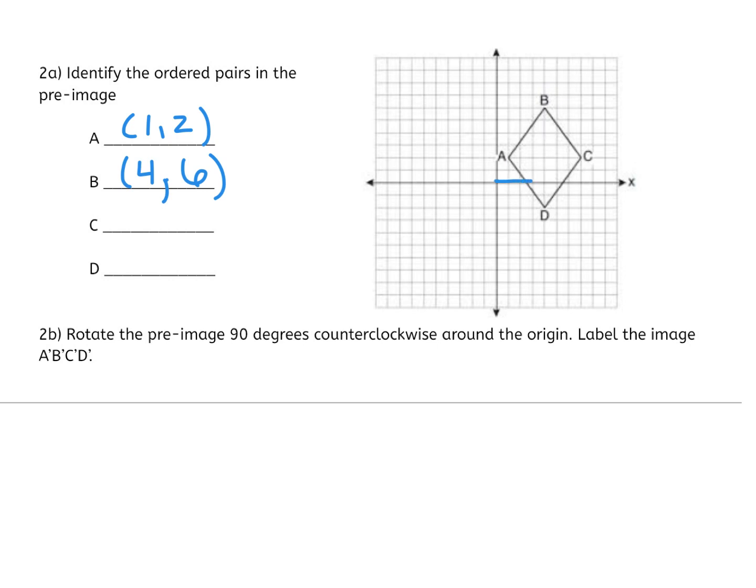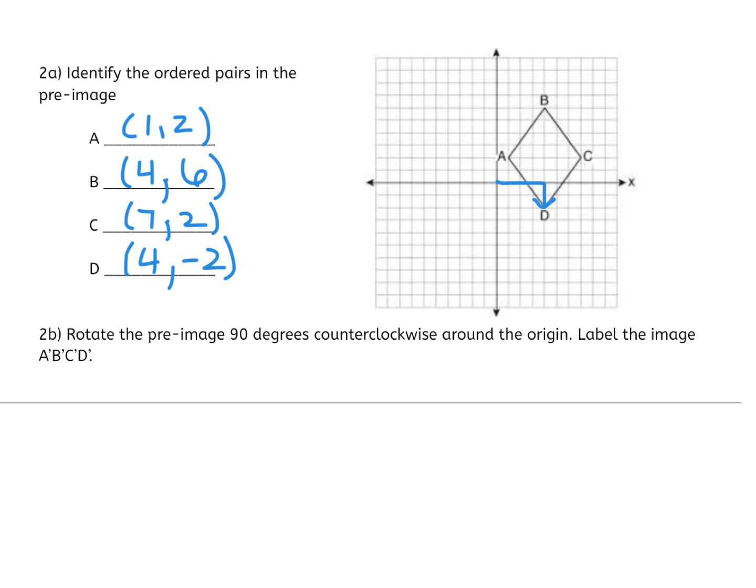C is forward 7, up 2. And then D is forward 4 and then down 2. So forward 4, that's positive 4, but then down is negative.